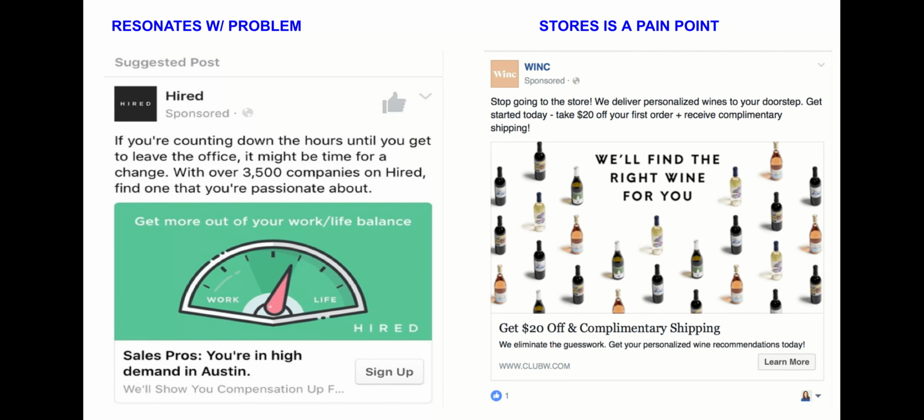This is where you can find that. So clearly, there's a pain point. It resonates with that problem, and then it's offering some sort of solution, right? So this is something that is very important. Creating a copy that really just speaks to the problem, and that people can really associate with. So that is number two, which is ad copy.